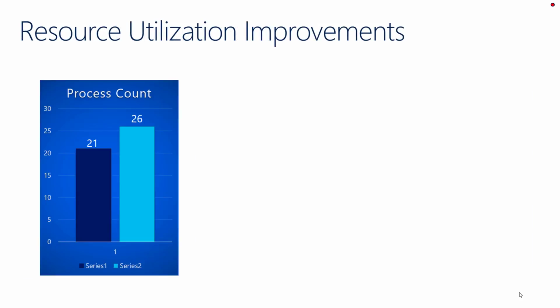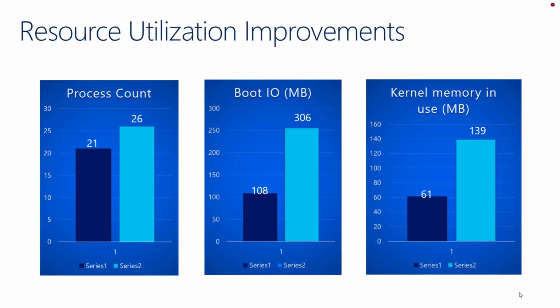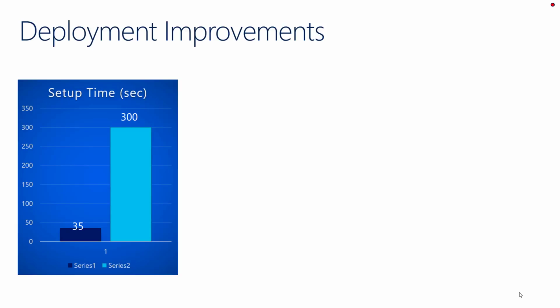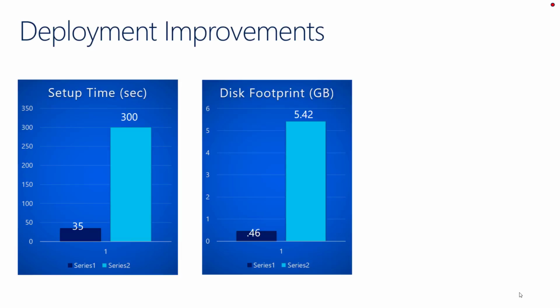Now, when we take a look at resource utilization improvements, we see similar stories. The process count drops, boot I/O drops by almost 2/3. The kernel memory in use drops from 139 meg to 61 meg. So again, we really start seeing that server density or workload density can really start increasing here as well. Now for deployments, this is where we can see that setup time drops from 300 seconds down to 35 seconds. So we're talking a massive drop.